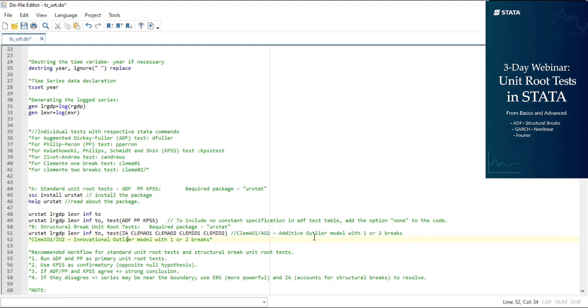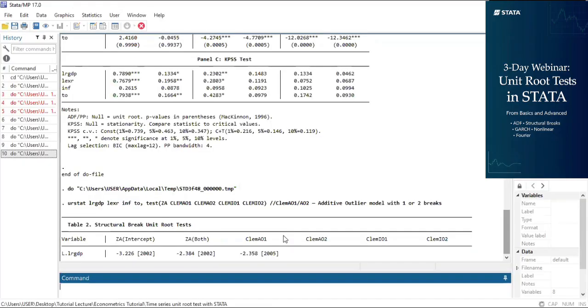Innovational outlier could be a sudden shift, and you can also have a gradual shift. Now let's run this. This one will take time, so you have to wait and let's see the results.